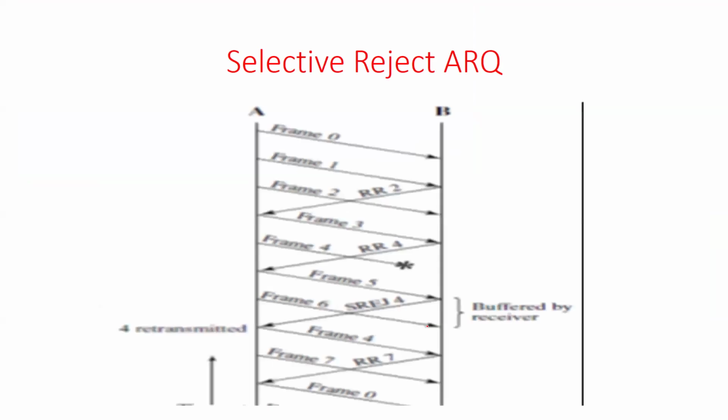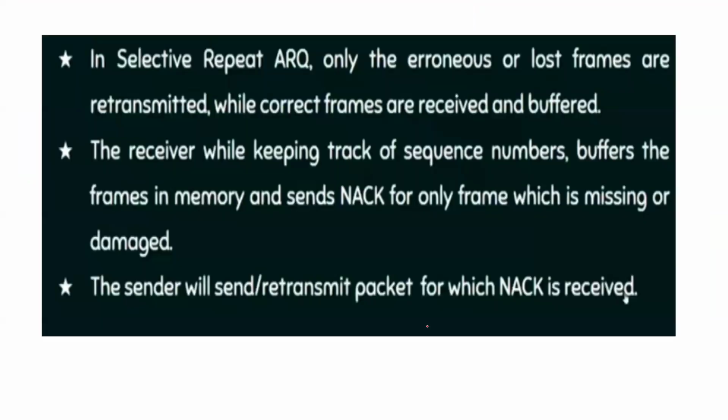Now let us go to selective reject. In selective reject, erroneous or lost frames are retransmitted, while the correct frames are received and buffered.